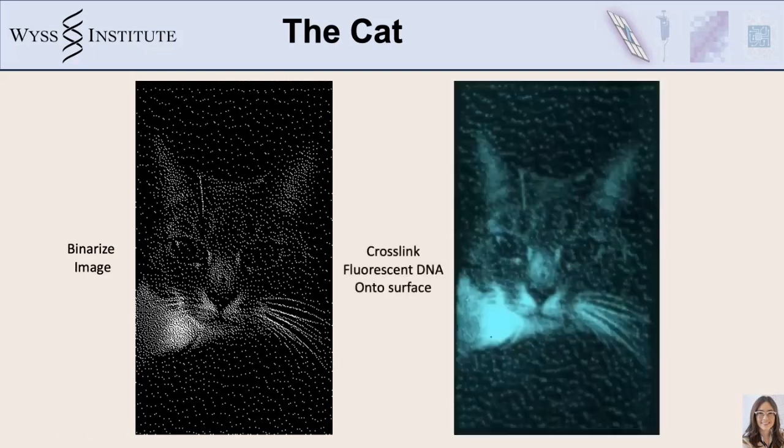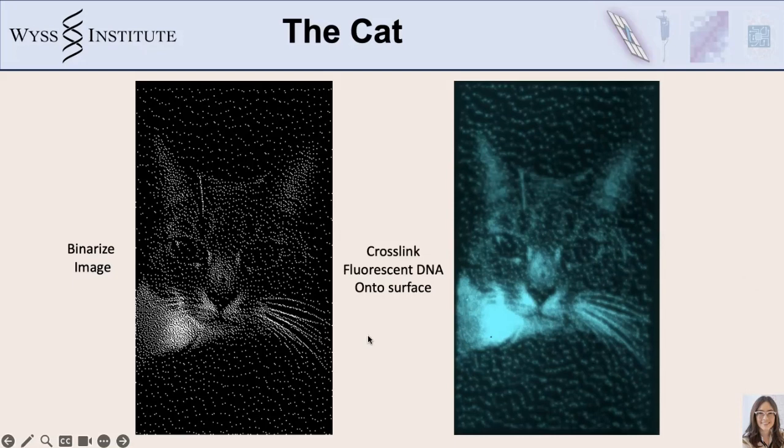Then we cross-link the fluorescent DNA onto the surface, and recover the image of the cat that you see here. With this image of the cat, you can start to see the resolution limits of the DMD. So, this experiment does serve a purpose. Each of these individual spots, like with this cat eye, you can resolve quite well in the fluorescent image.